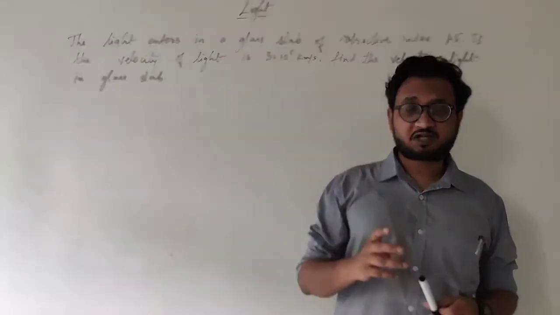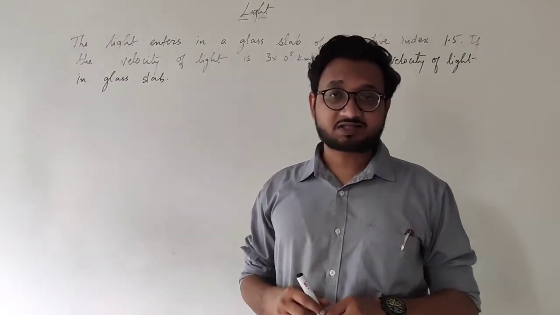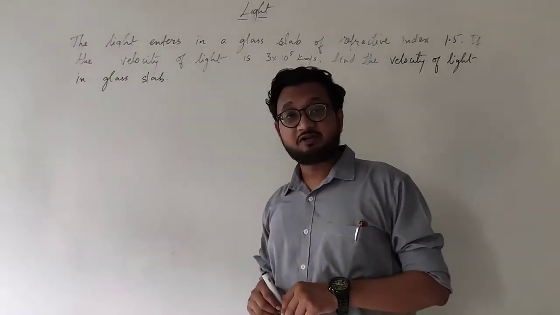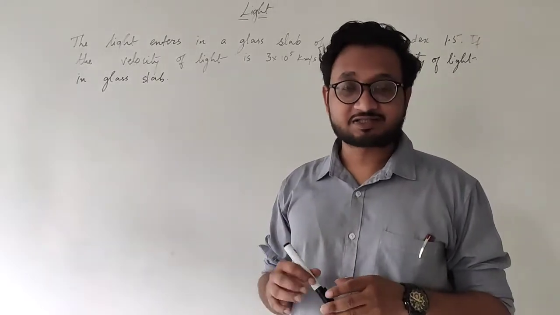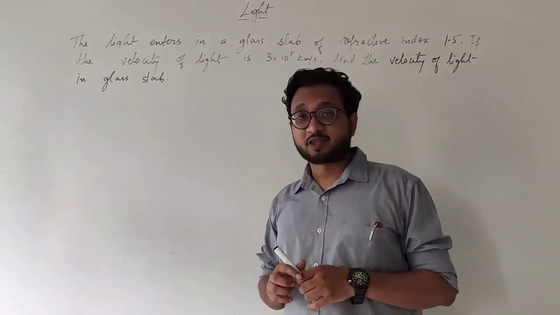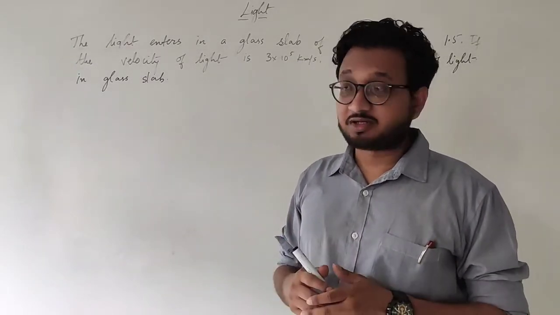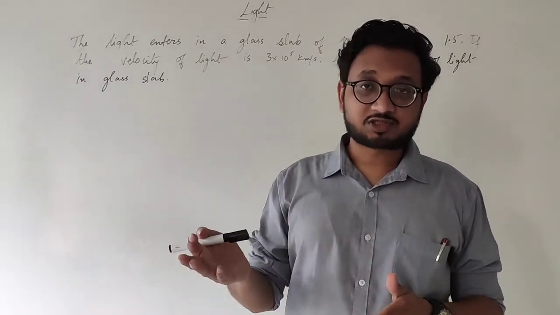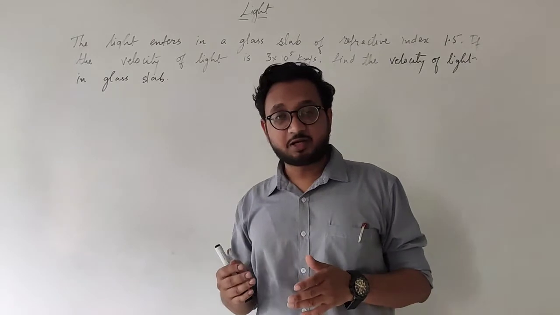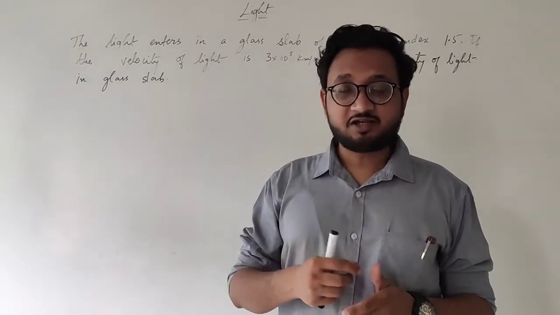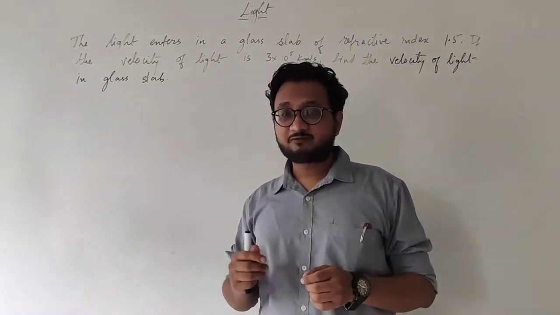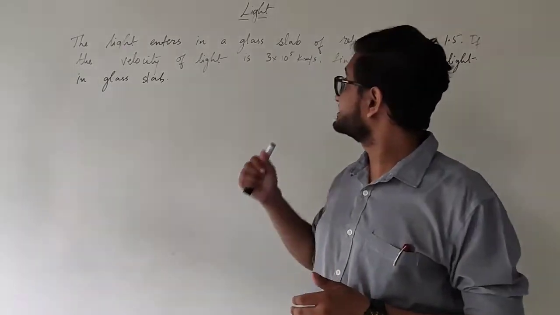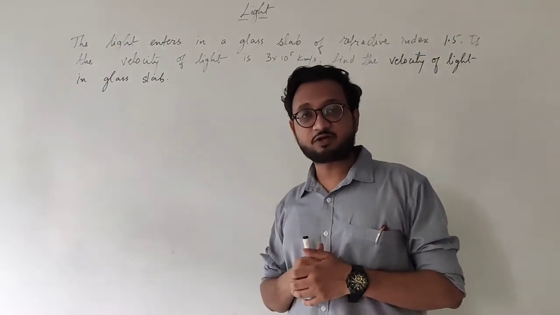Now if you remember, we studied the velocity of light in class 8, in Stars and the Solar System, in which we studied that the velocity of light is 3 lakh kilometers per second in space or vacuum. Granted that whenever it enters the atmosphere, which is still a medium, its velocity changes a little bit, but for the numerical it is given as 3 into 10 raised to 5 kilometers per second.